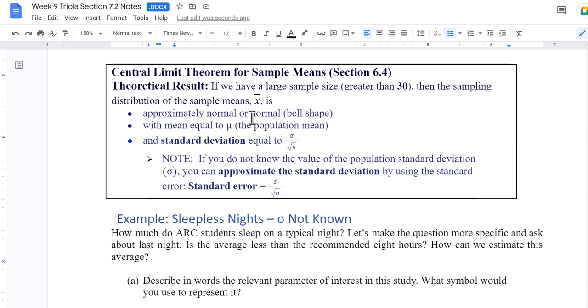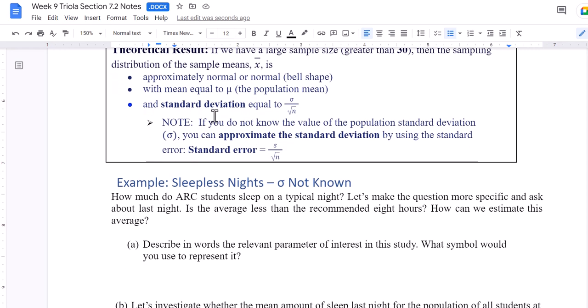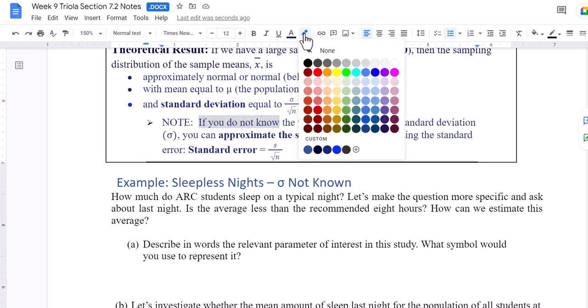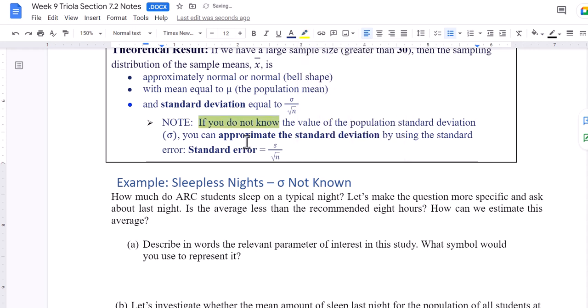And the means are the same. The mean of the sampling distribution is the same as the population mean. And when we don't know the value of the population standard deviation, then we use the sample standard deviation s divided by the square root of n.